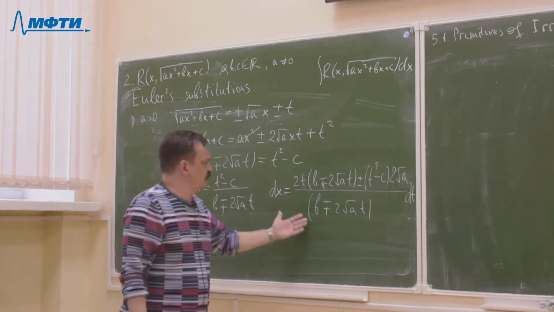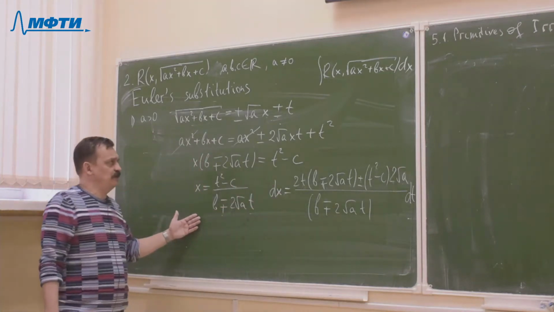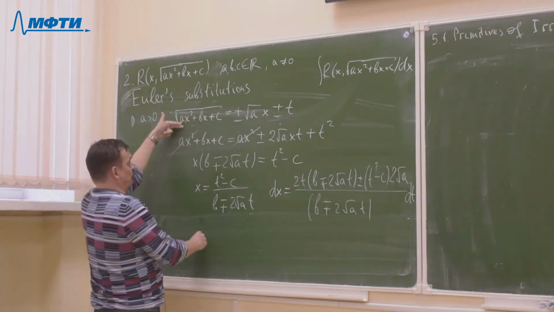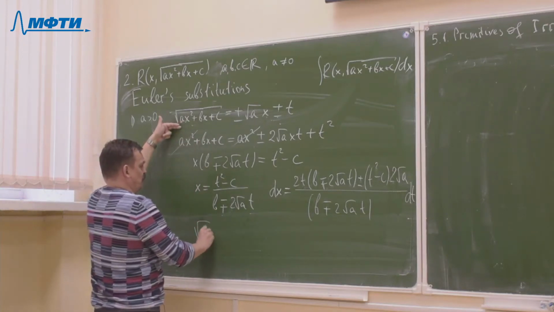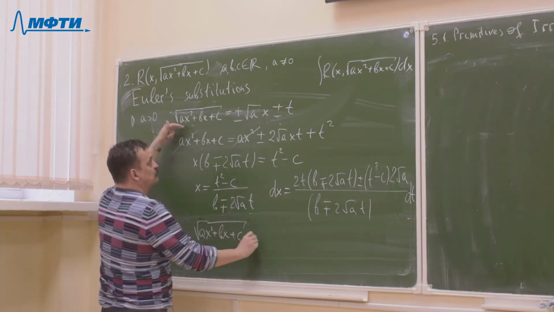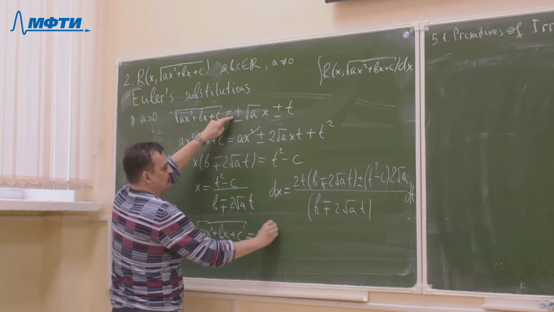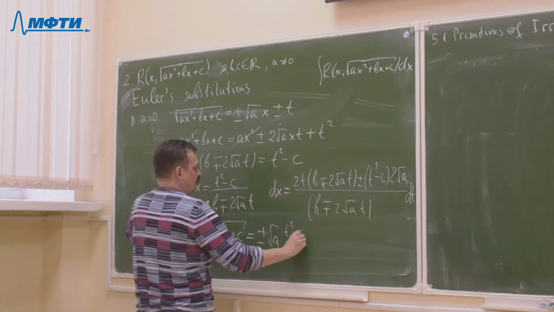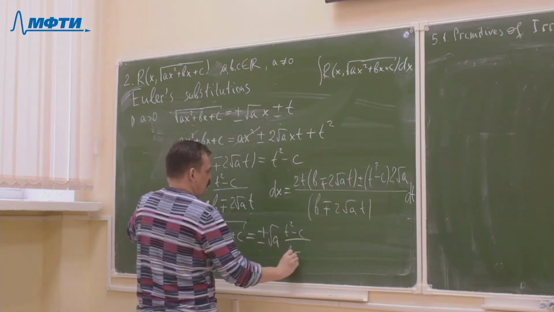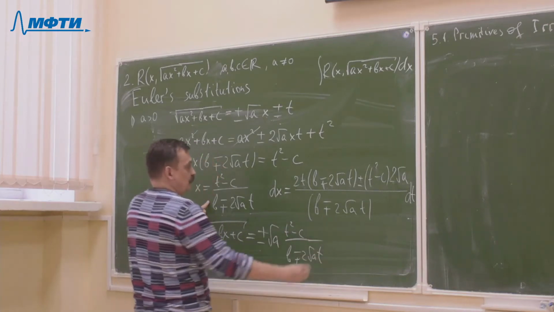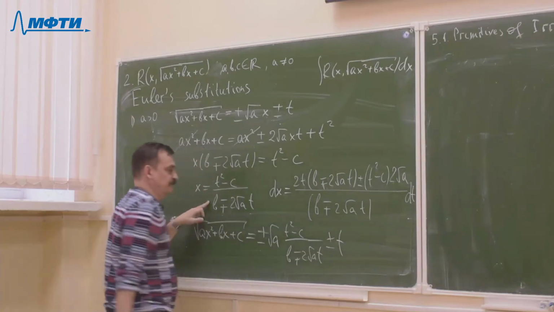Okay, in fact, I think I can stop here, because now you see we can also substitute the square root of ax squared plus bx plus c, which equals plus or minus square root of a times this x, (t squared minus c) over (b minus plus 2 square root of a t), plus or minus t.